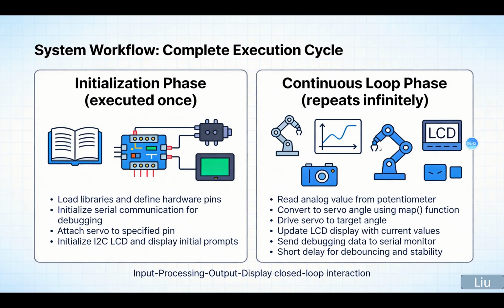And the continuous loop phase: read analog value from potentiometer and convert to servo angle using the map function. Drive servo to the target angle, and update the LCD display with current values. Send the debugging data to the serial monitor, and a short delay for debouncing and stability.